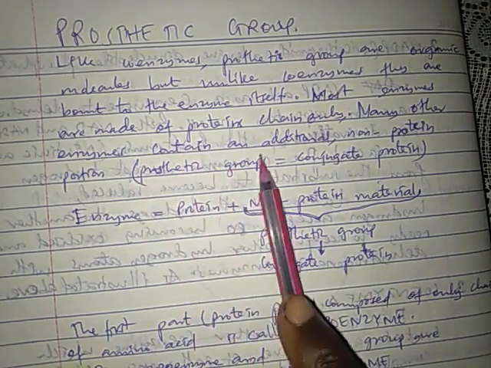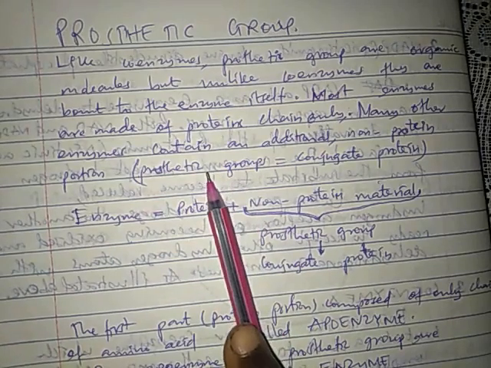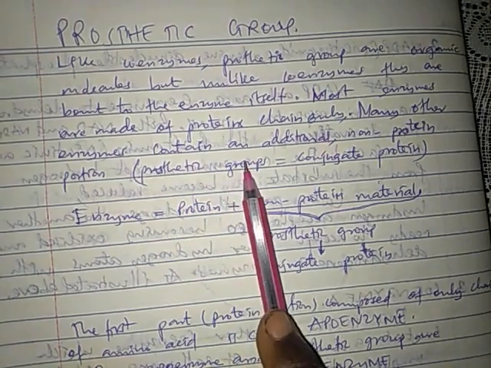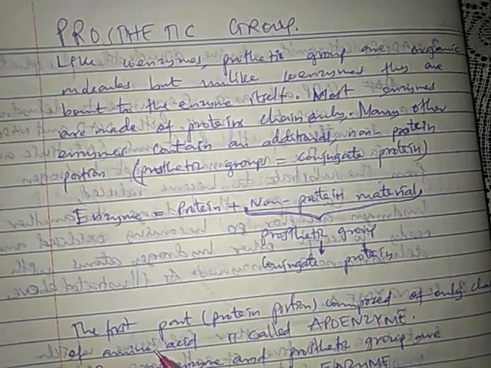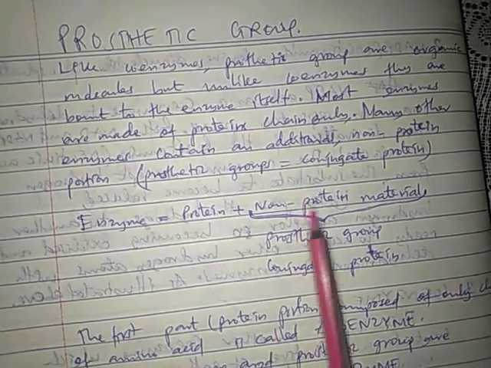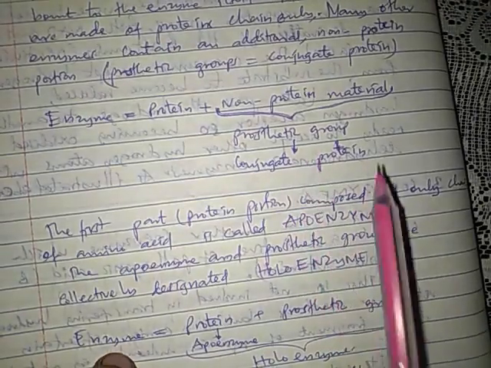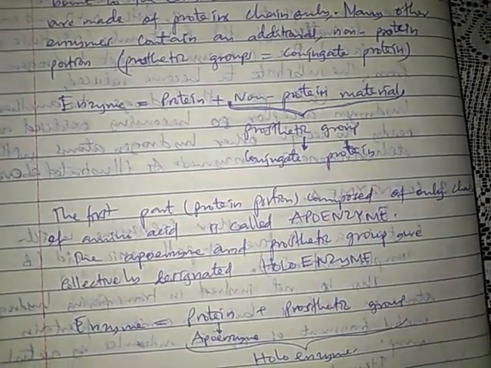Many other enzymes contain an additional non-protein portion, that is prosthetic group or conjugate protein. So enzyme is equal to protein plus non-protein material, that is prosthetic group or conjugate protein.